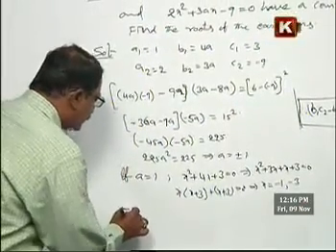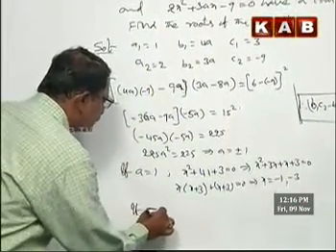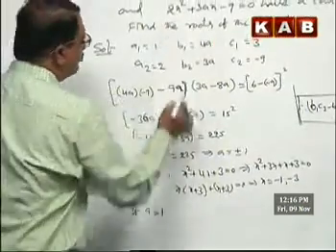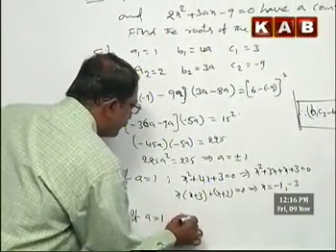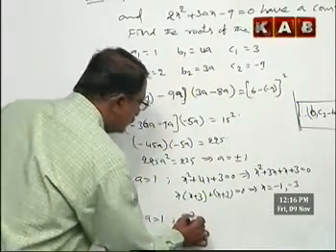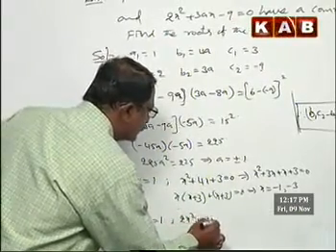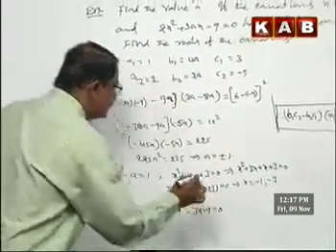Similarly, if a equals 1, the second equation becomes 2x square plus 3x minus 9 equals 0.